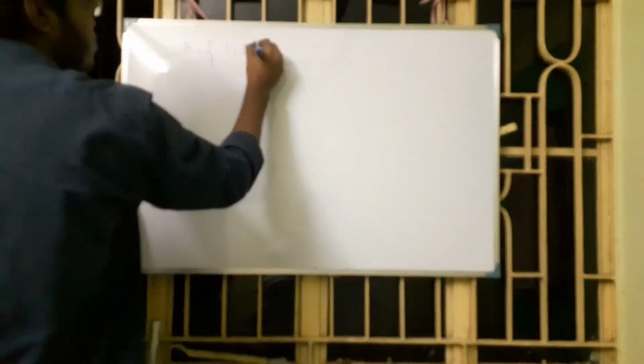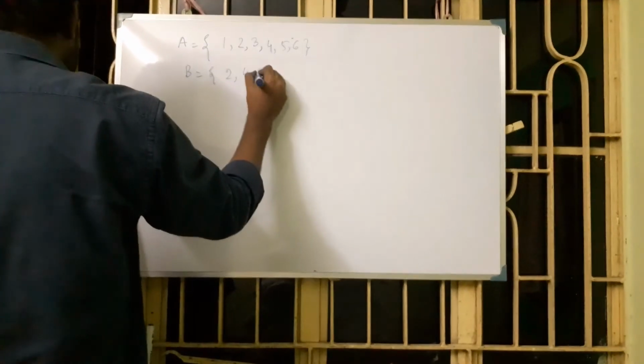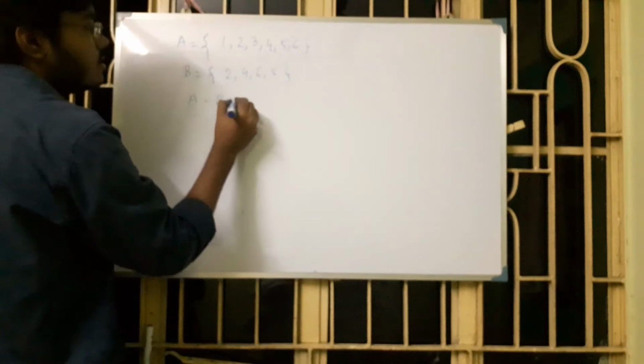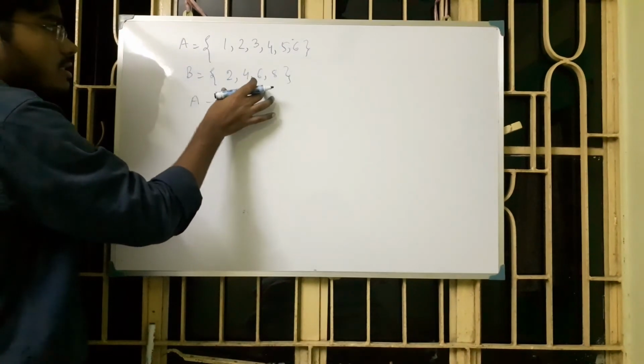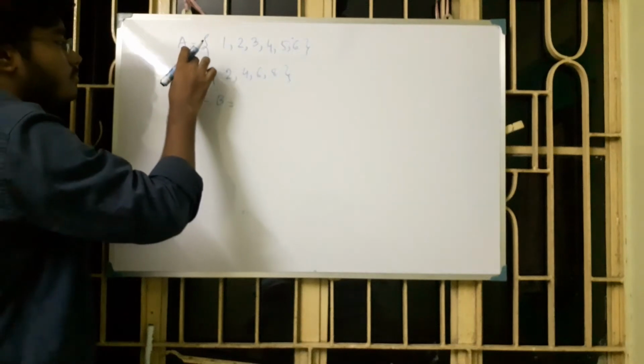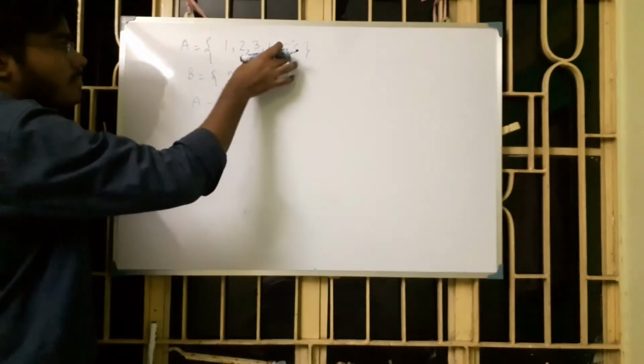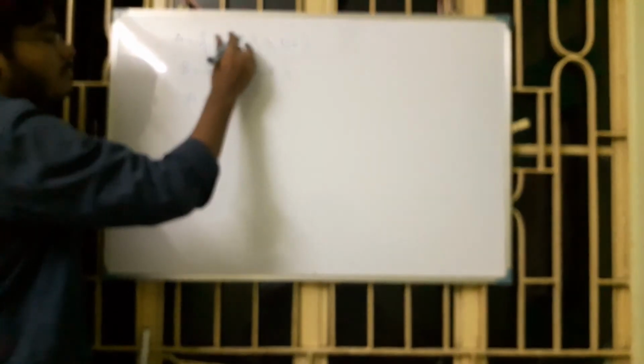A is 1, 2, 3, 4, 5, 6, and B is 2, 4, 6, 8. Okay, then A minus B is only just subtracting B from set A, then just subtract the terms present there. Subtract 2, 4, 6 and write 1, 3, 5.